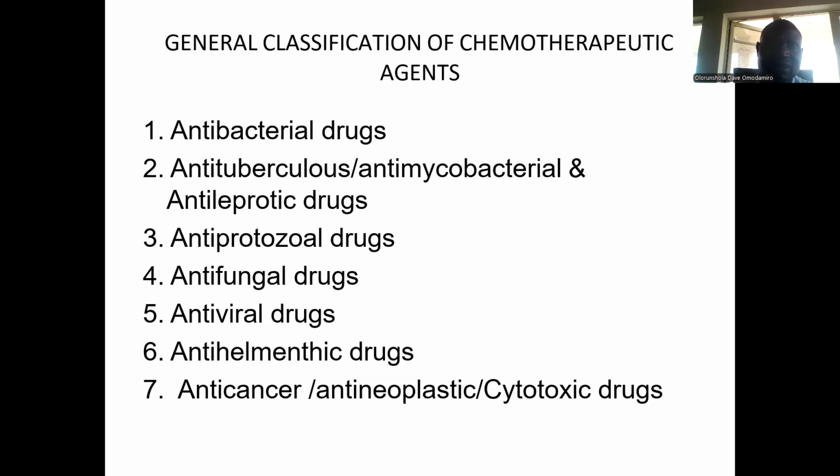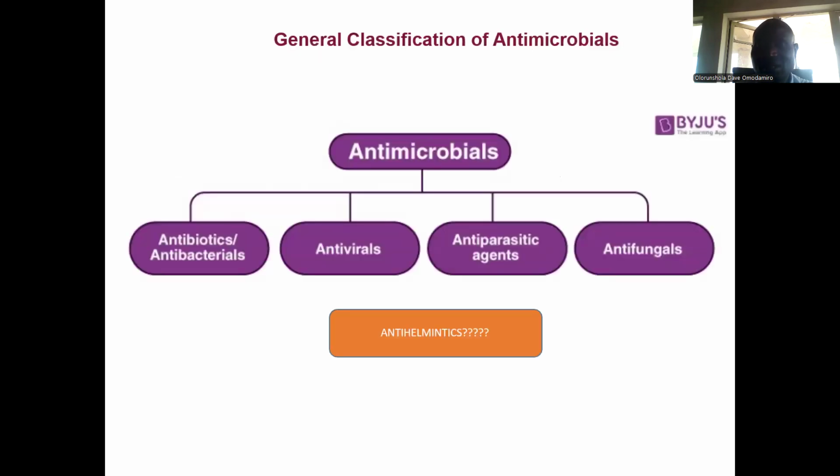Also, we have as a classification antiprotozoal drug, one that attacks the protozoa; antifungal; antiviral; anthelmintic drug; and then anticancer, which is also called antineoplastic or cytotoxic drug. These are the 7 classifications that we will pay attention to.